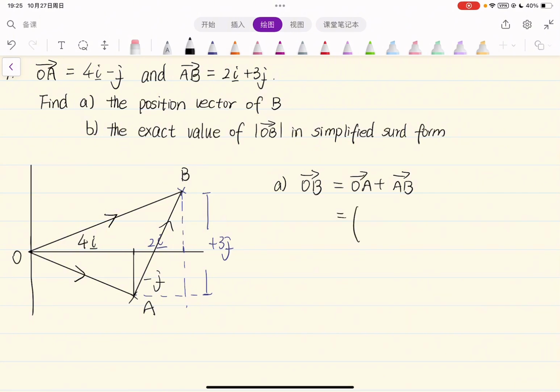And the same for AB, we have (2, 3). So the vector OB equals (6, 2). That is the position vector of B.